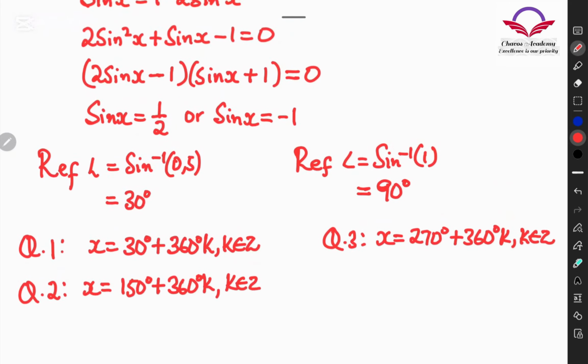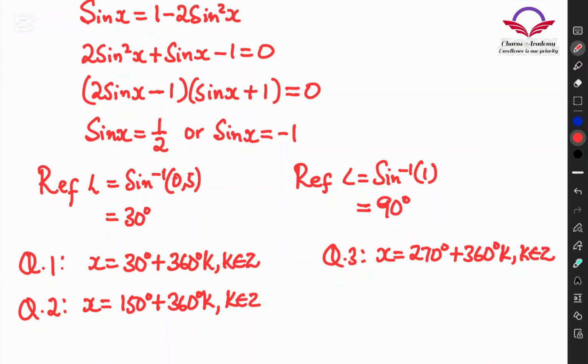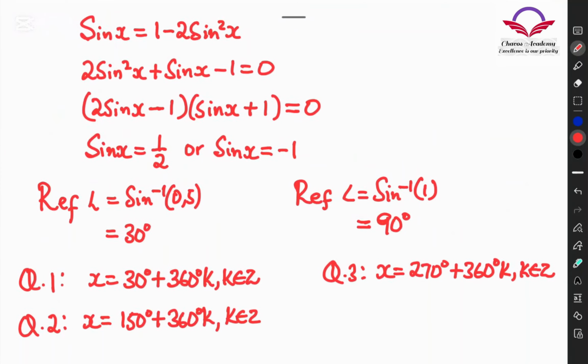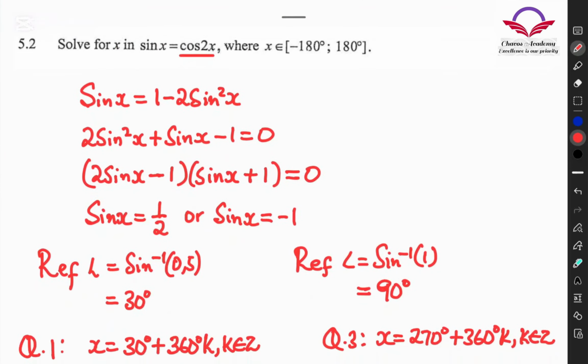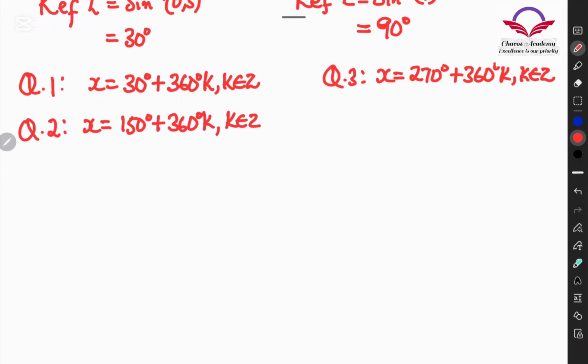So up to this part, we've got the general solution. Now we have to move on to substitute where there's k until we get the values of x between this. Okay, let's start with the first one, the one here.